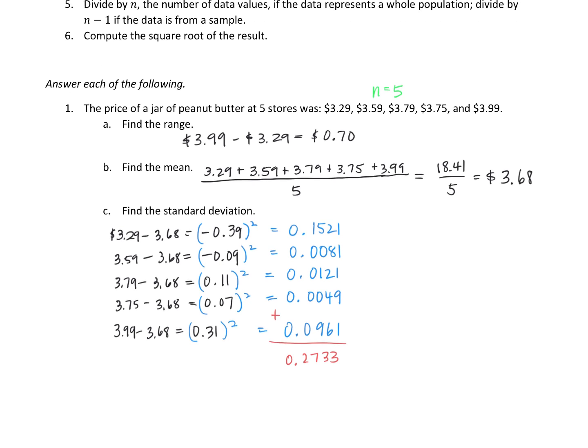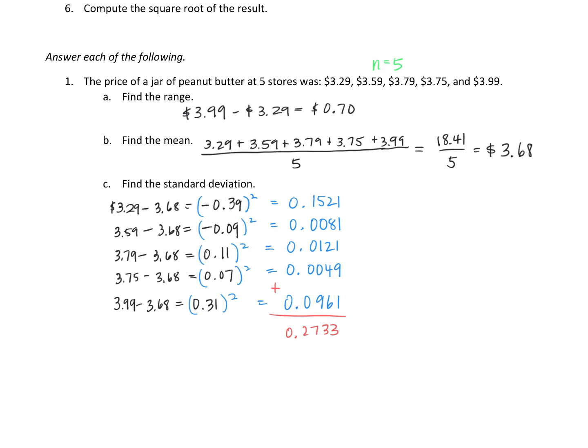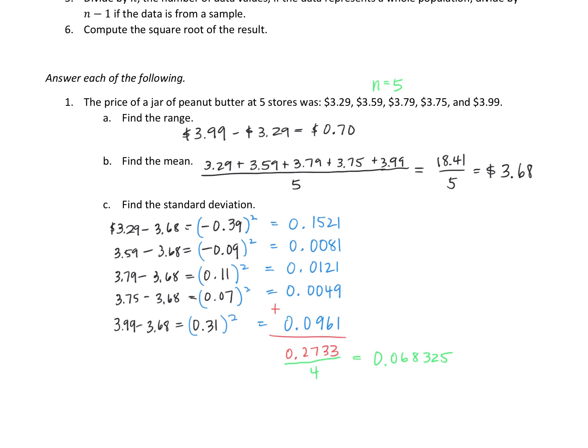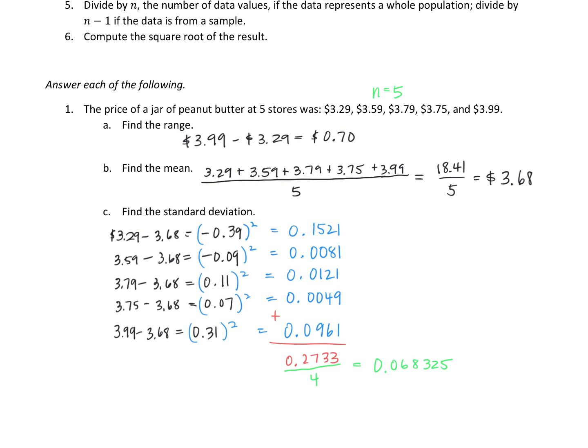So we're going to take the sum of the squared deviations, and we're going to divide by n minus 1, which is 4. So divide by 4. And when I did that, I got 0.068325. And then the last step is number 6, compute the square root of the result.